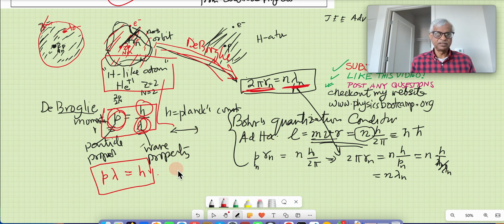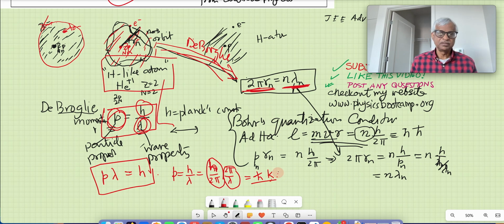Sometimes p is written as h over lambda, but you say I'm going to do h over 2 pi times 2 pi over lambda, and you say this guy is h bar and this guy is k, so p equals h bar k, the wave number. And this is the physics people's wave number, not chemistry.